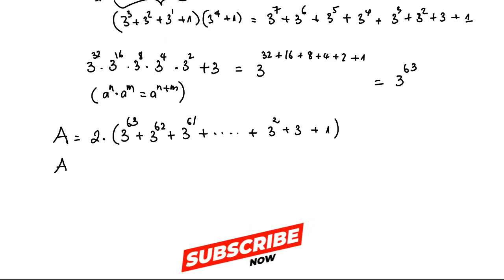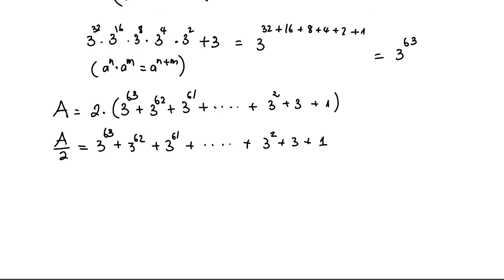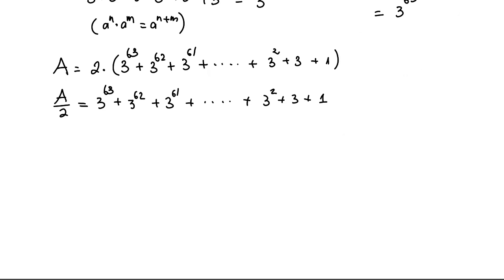I would have A divided by 2 is equal, on the right side no more 2, to 3^63 + 3^62 + 3^61 + ... + 3 squared + 3 + 1. Okay, that's good. Now I want to multiply both sides by 3.